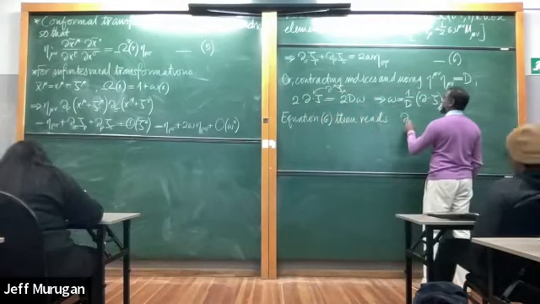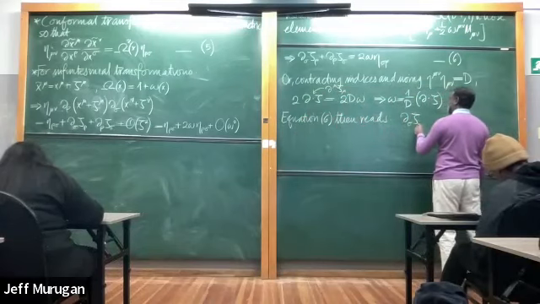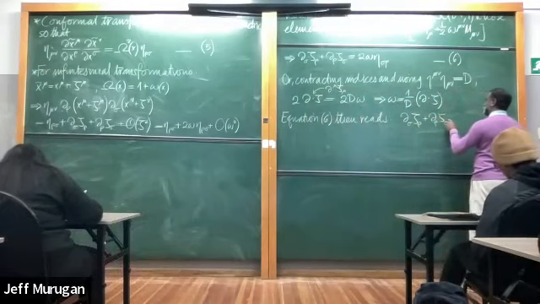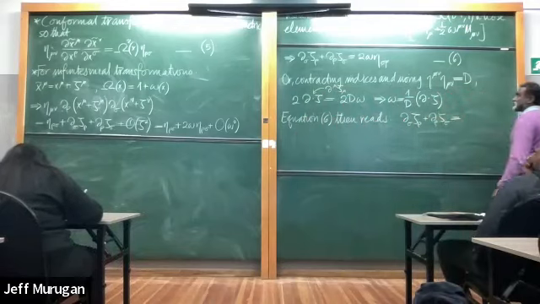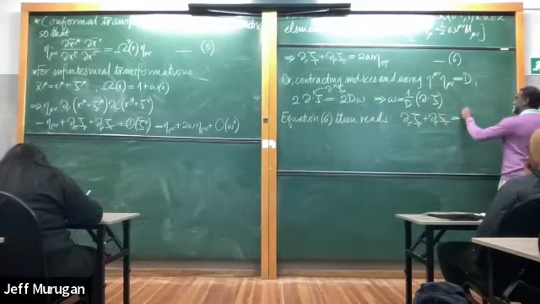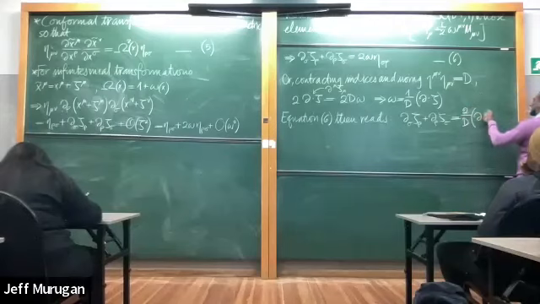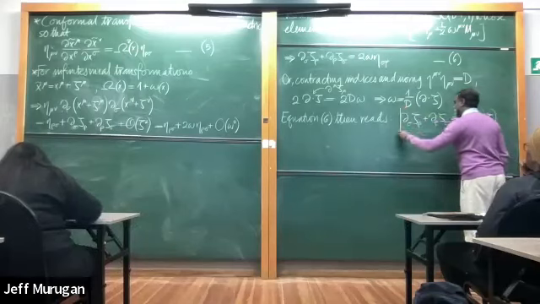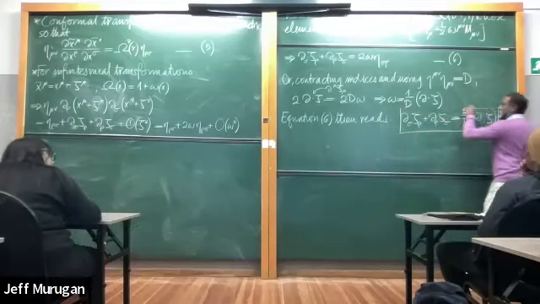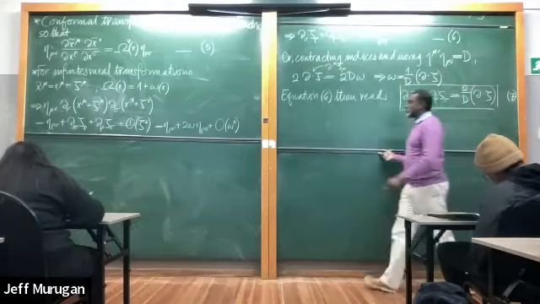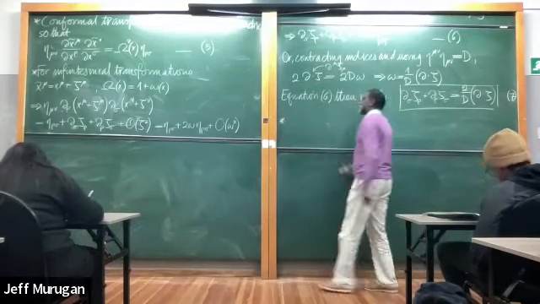And find that d sigma zeta rho plus d rho zeta sigma is 2 over D times d dot zeta. This equation, let's call it 7, is called the conformal Killing equation.